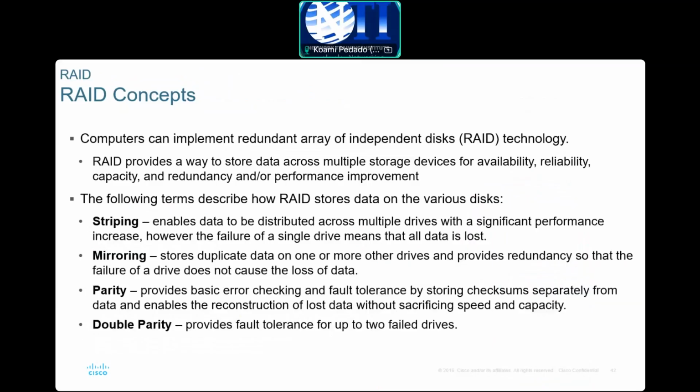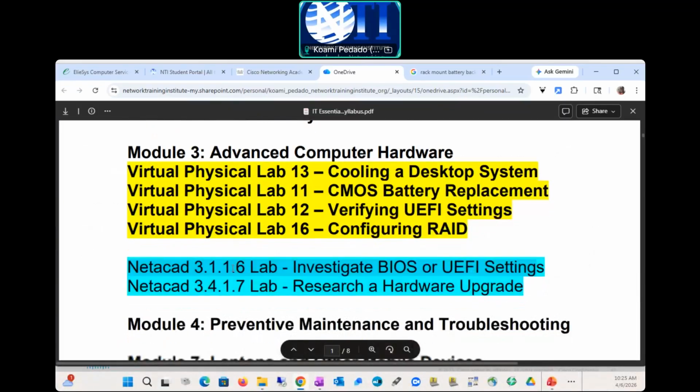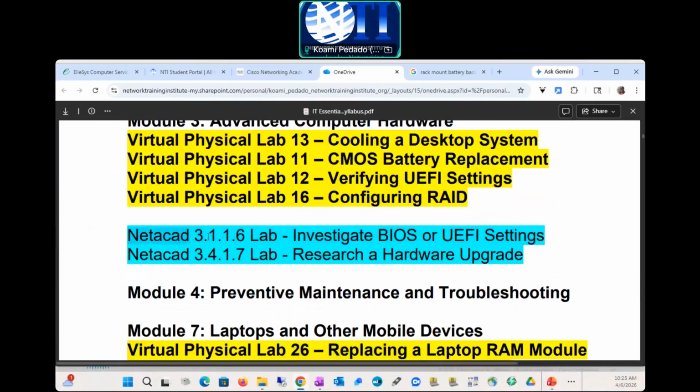So for the lab, you have to use your lab laptop. It's on the NetAcad card that I will show you. We will continue this writing on Wednesday, but I want to show you where it's located. See, this is 3.1.1.6.